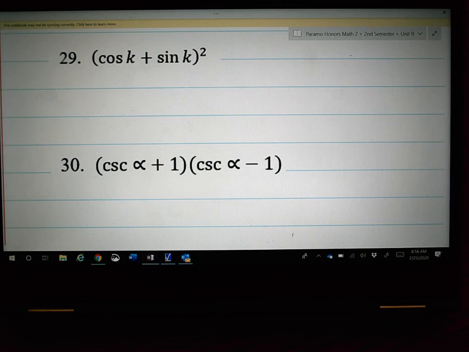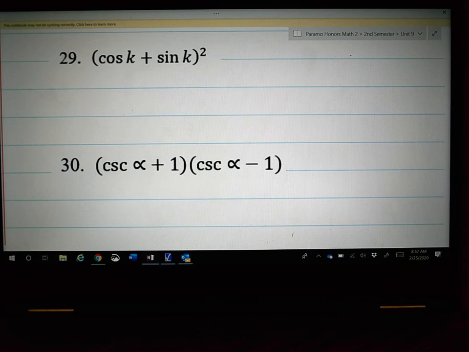It's just an alpha. The cosecant of alpha. This is a lowercase, think Greek letter A. Or maybe, is that uppercase or lowercase? Chris, do you know? I think it's uppercase.